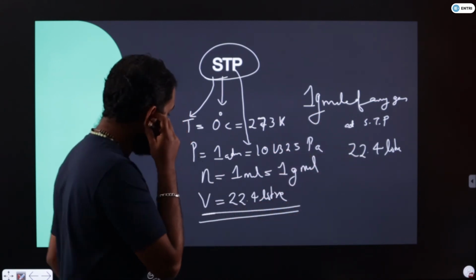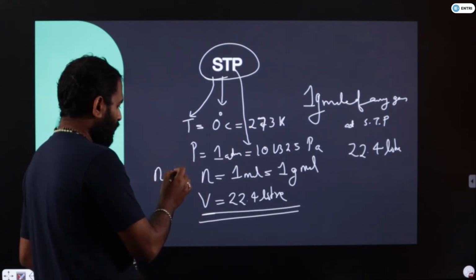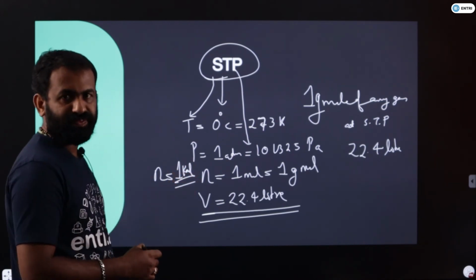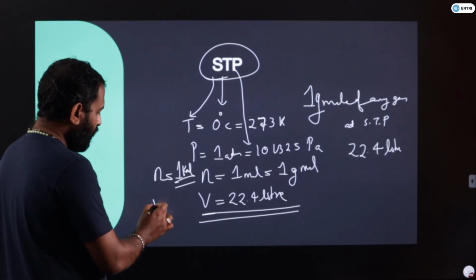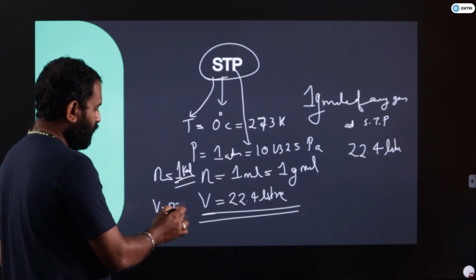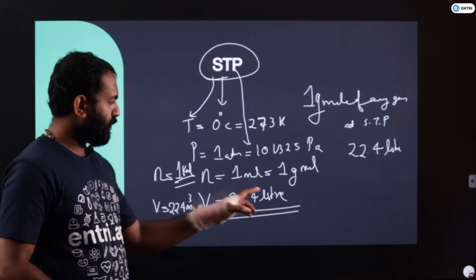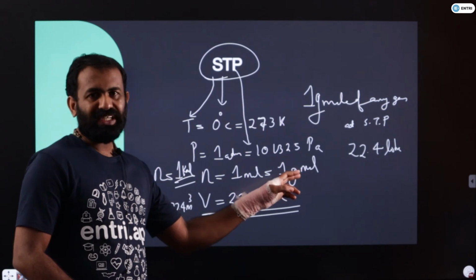Then, if I take the number of moles as 1 kilomole instead of 1 gram mole, then volume is equal to 22.4 meter cube, because 1 meter cube is equal to 1000 liter and 1 kilomole is equal to 1000 gram mole.